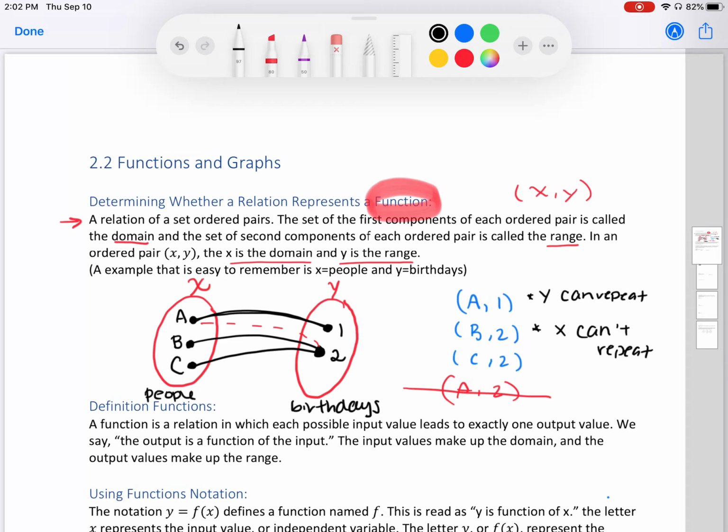That would make it so that you do not have a function. So in your function, your y's can repeat only. This analogy of birthdays and people is always a way that I try to think to keep track of this, because if you just think of the mappings, it's kind of different.